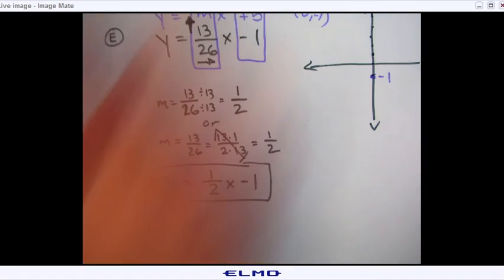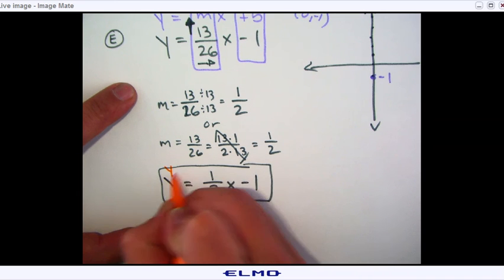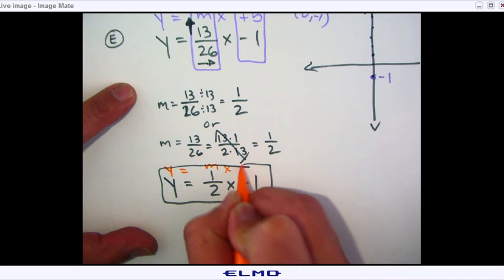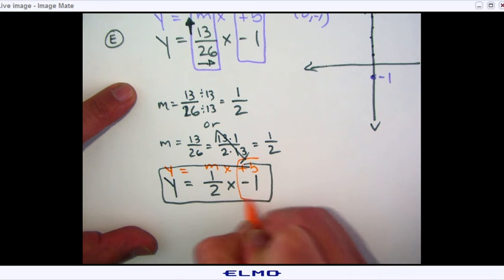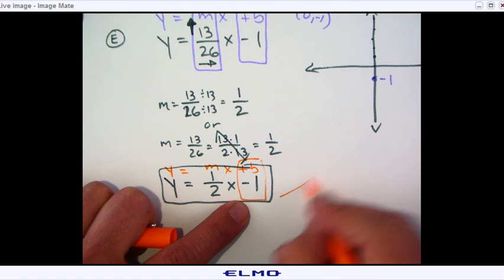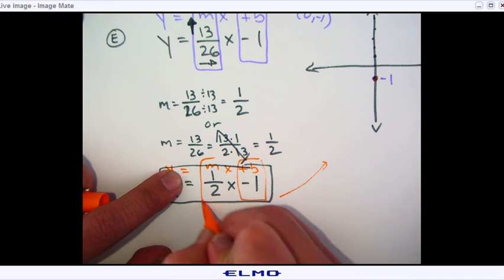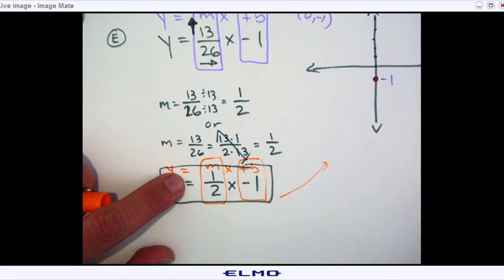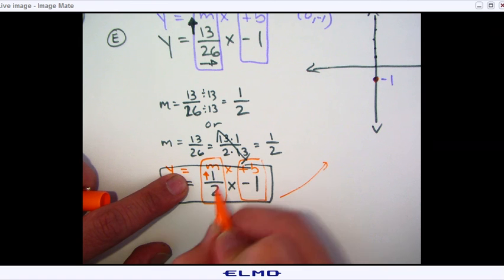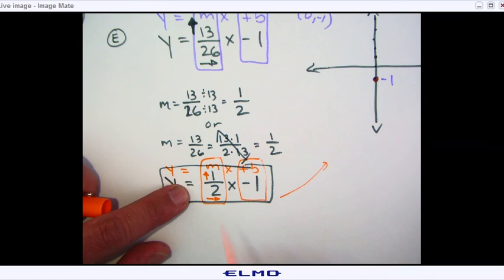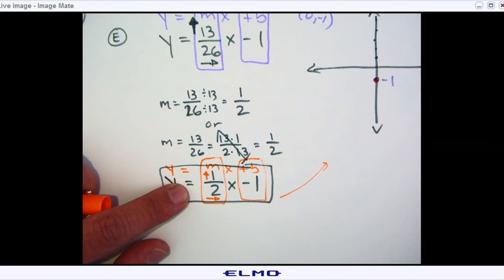So y equals mx plus b. Here's your b, same thing: 0, negative 1. But now your m, so for those that didn't take the test, you're getting a little review: rise over run, so 1 over 2. Here we go: up 1, over 2.